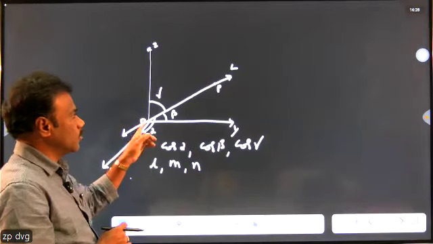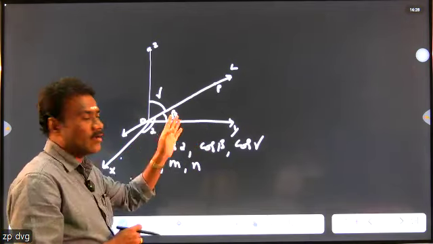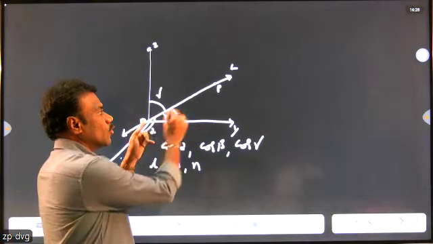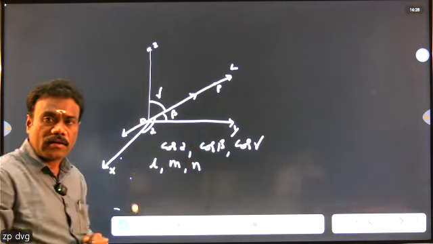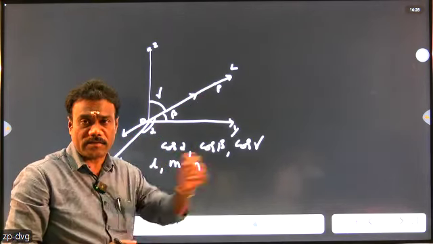Here I told you it is a directed line. For a line we have two directions. I take the direction from O to P. If you take the reverse direction, then the direction angles become their supplements.